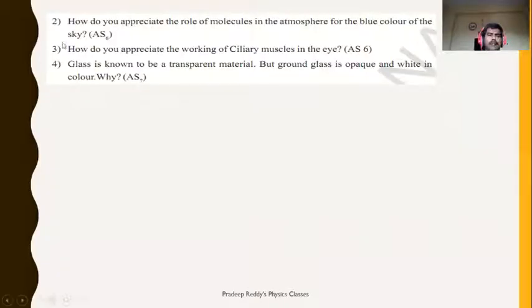And next we have a few more questions, out of which the second question is, how do you appreciate the role of molecules in the atmosphere for the blue color of the sky? So the blue color of the sky is due to scattering of light.